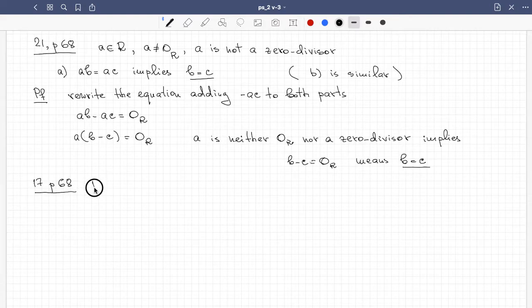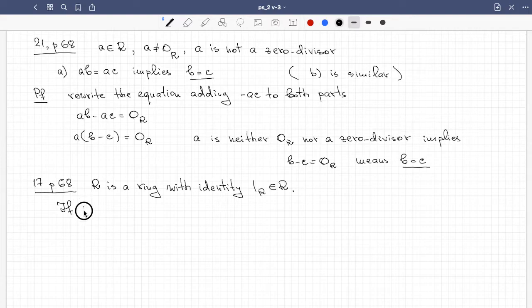Namely, R is a ring with identity 1_R in R, and if an element U is a unit, then U is not a zero divisor.